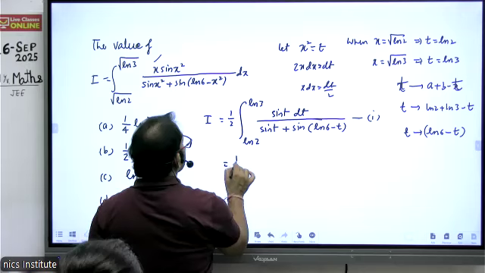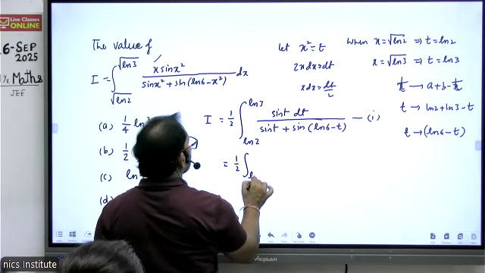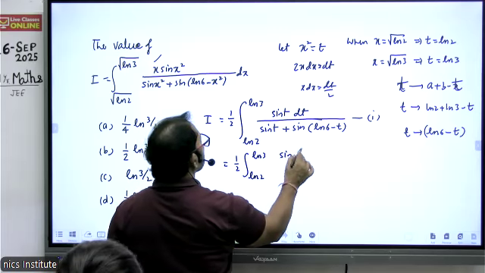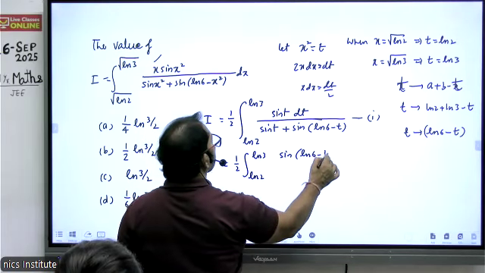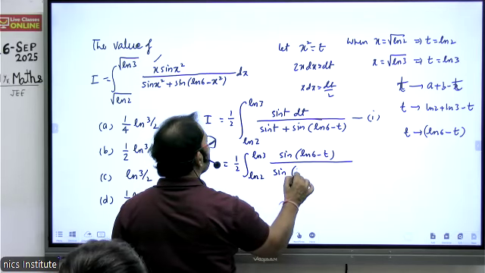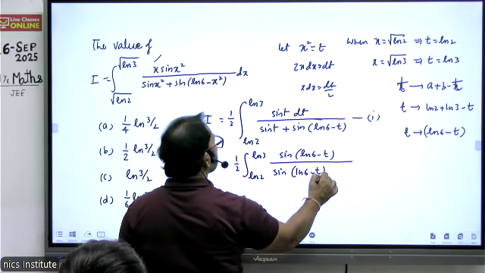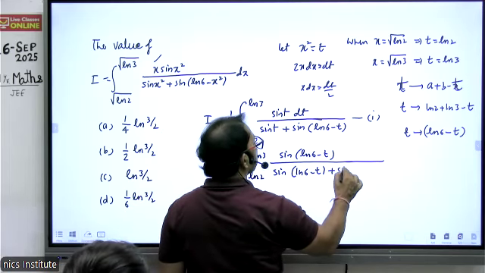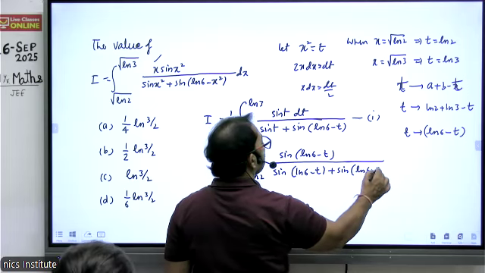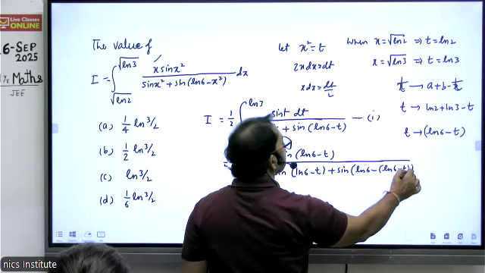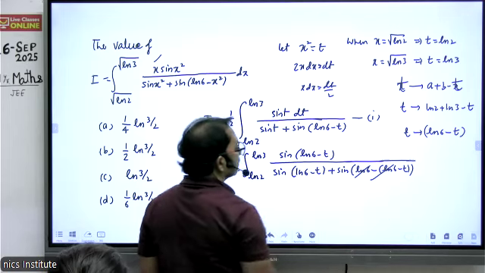So after that, this is 1 by 2, from ln2 to ln3, with t replaced by ln6 minus t. So it will be sin of ln6 minus t, and ln6 minus t is replaced by t, so this will cancel out.